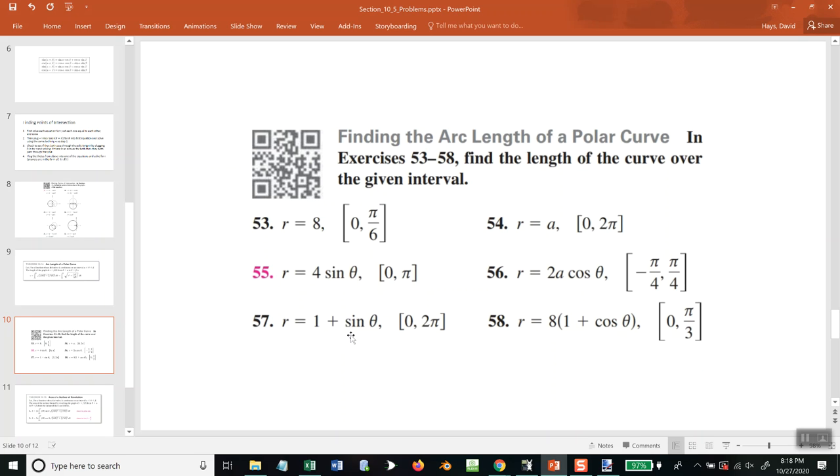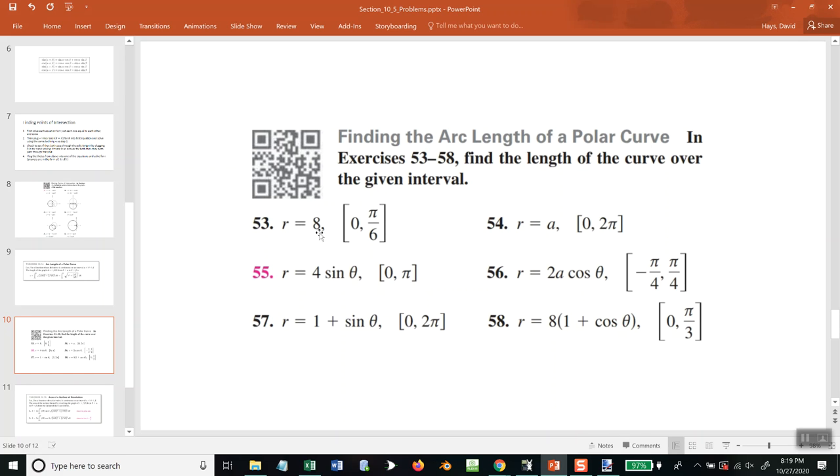If you're squaring this, that'd give you 1 plus 2 sine theta plus sine squared. The other one would give you cosine squared. Sine squared plus cosine squared gives you 1. And then you got 2 plus 2 sine theta. That looks like one of those trig substitutions. But no, that'd be too much.